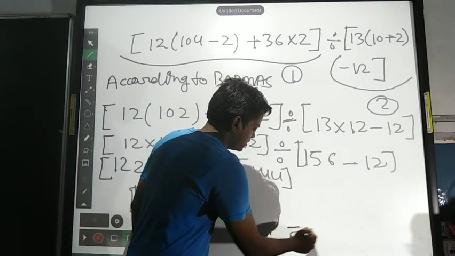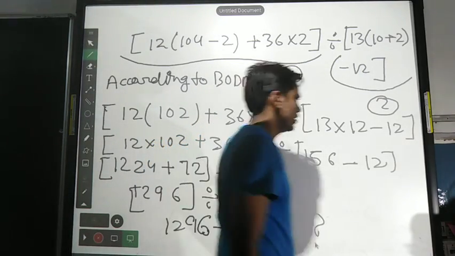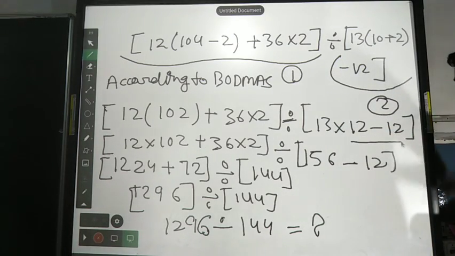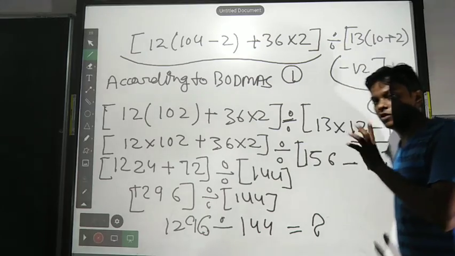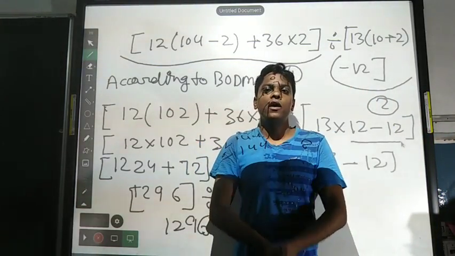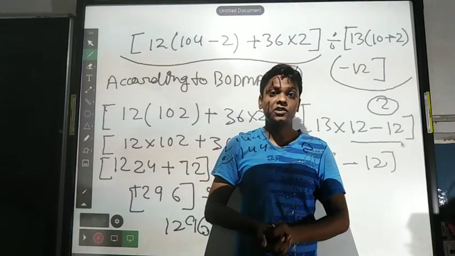You will solve this and write the answer. Okay, so in this whole question you have to remember this one, and the rest of the question you will do by yourself, and the rest of the questions we will discuss in the next class.